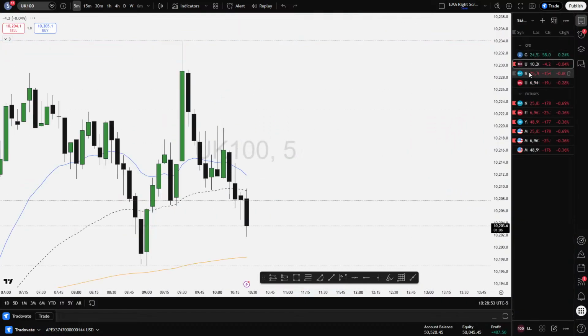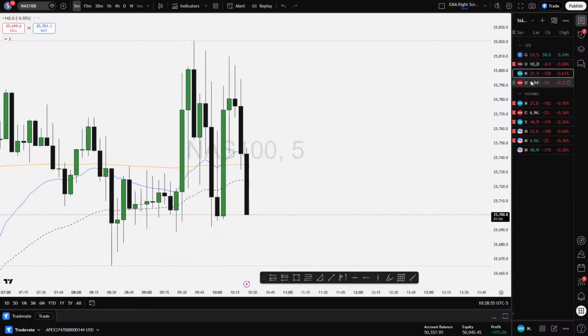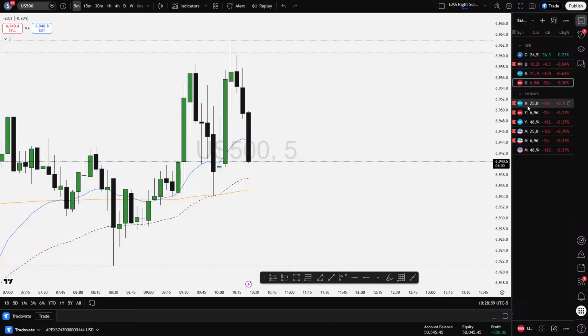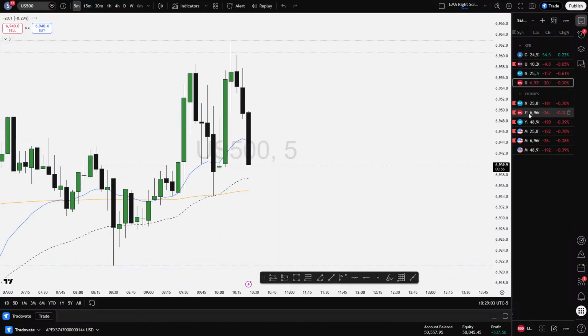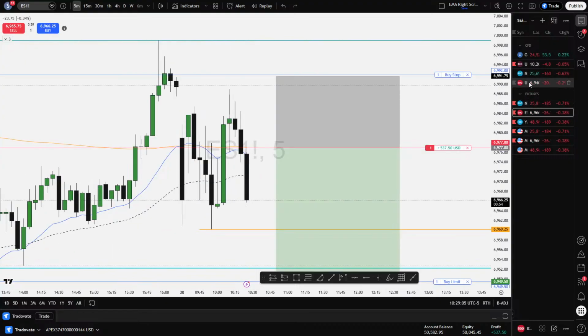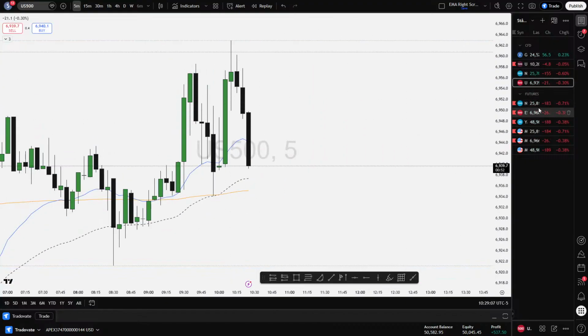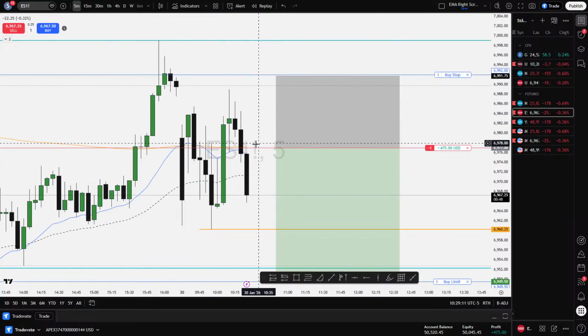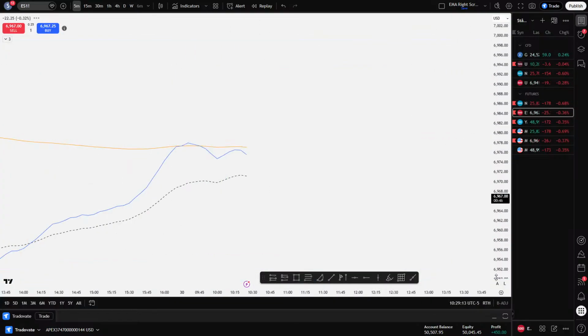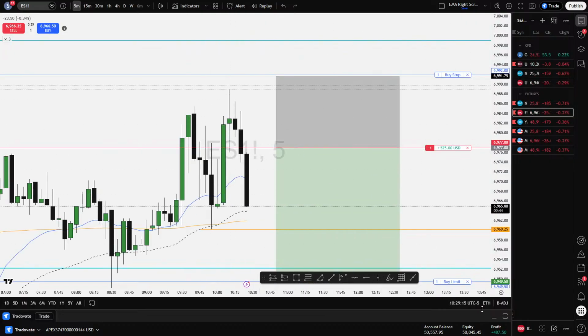Germany going down. Okay, going down. The CFD made the new high here. We didn't. Okay, yeah, we did.